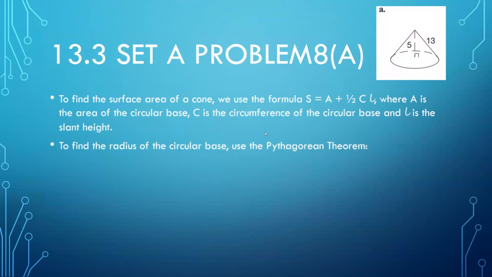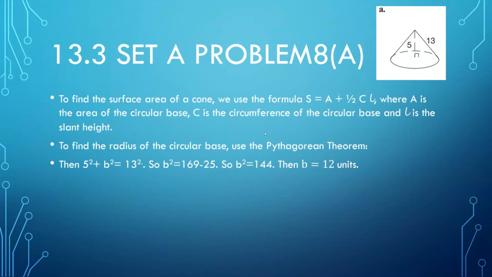So first, we need to figure out the radius so that we're able to find the area of the bottom and also its circumference. And we're going to use the Pythagorean theorem. We're basically thinking about a triangle where one side of the right triangle is 5, one side of the right triangle is the radius, which we don't know, and then the hypotenuse is 13.